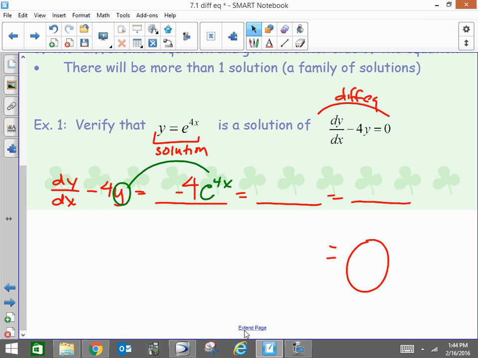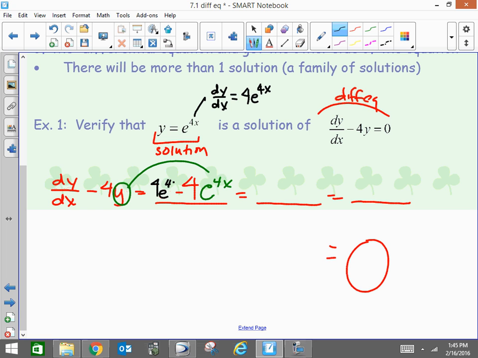We're going to have to figure it out. dy dx, what is it? 4e to the 4x, that's right. You get the chain rule, e to the u. The derivative of u is 4, that's where that came from. So that's going in right here, 4e to the 4x.